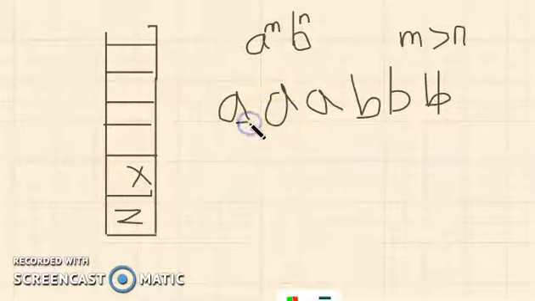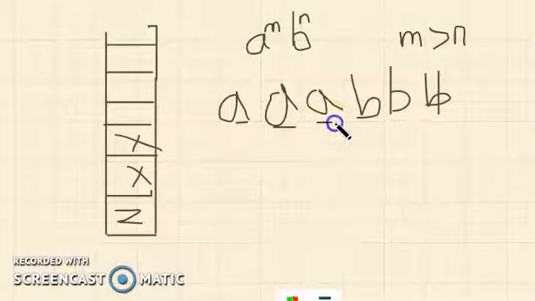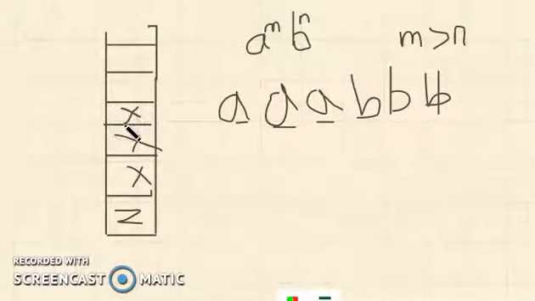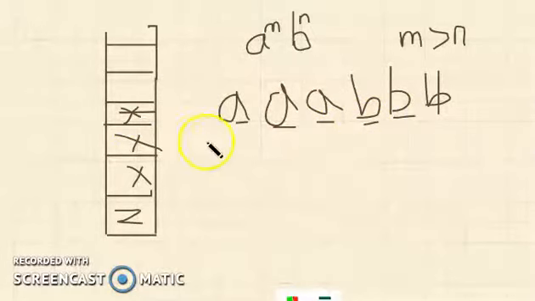For first a, I have already pushed 1x. For second a, push x. For third a, push x. Okay, when we read b, what we have to do? We have to pop. For first b, I have popped. For the second b, we'll pop one more x.